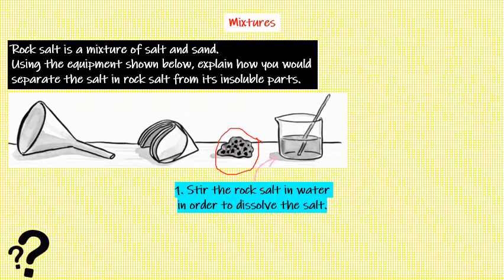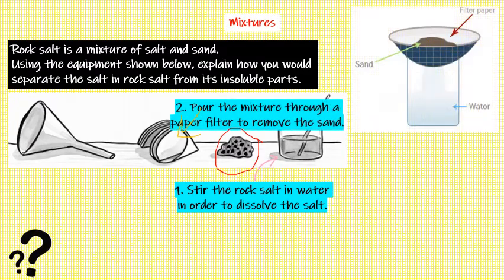Does sand dissolve in water? No. So how can we separate sand from the salty water? What can we use? Yes, we will use the paper filter. The filter paper will hold the sand in it and will let the salty water pass through it. So in here, we will have water and salt.